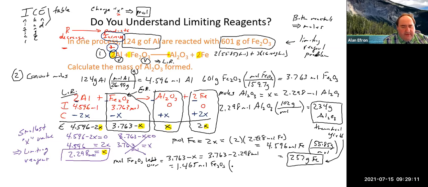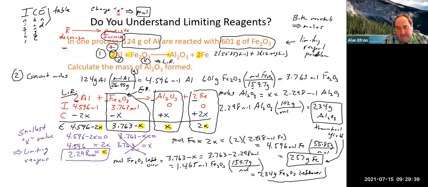Using the molar mass of iron 3 oxide that we had earlier, 159.7 grams per mole, we would end up with about 234 grams of iron 3 oxide left over.